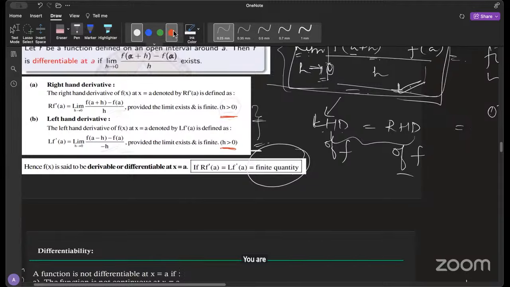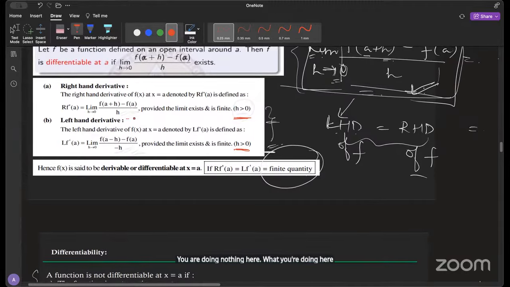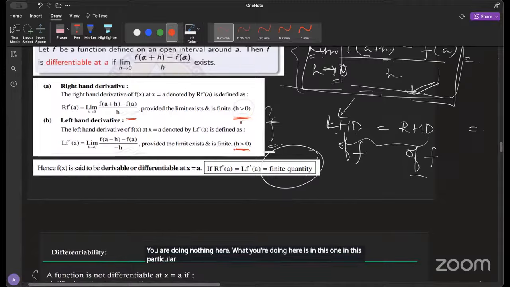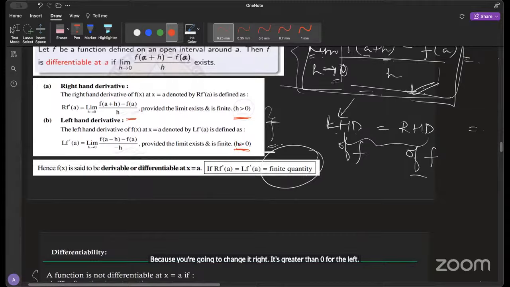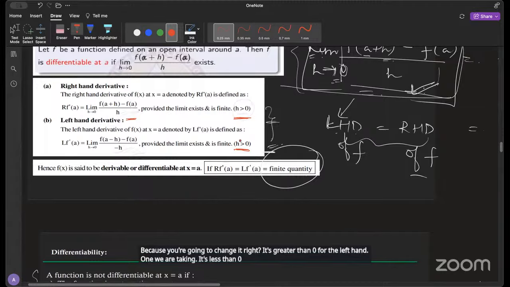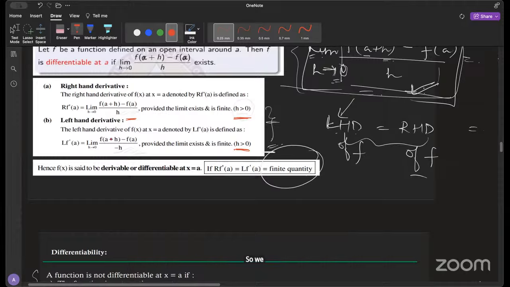What you're doing here is, in this particular example, h greater than 0. And for the left hand one, we are taking h less than 0. So for this, you change the sign here. The sign of minus h gets changed, so you are left with this thing only.